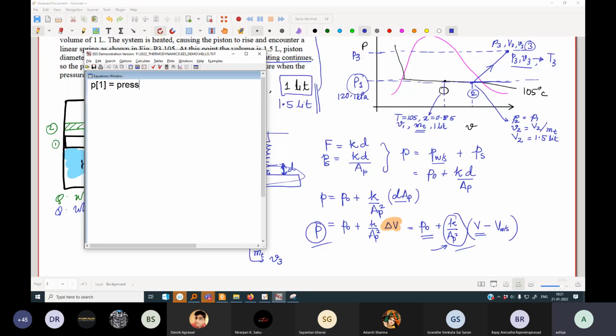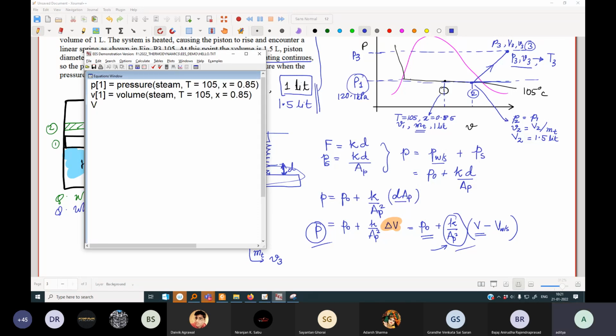So we say pressure, steam, T equal to 105, X equal to 0.85. Actually, X equal to 0.85 doesn't matter because it is PSAT, so I can use any value of X. But still, just because I will be copy pasting this, this will be volume, and we paste. Okay, we have the volume.